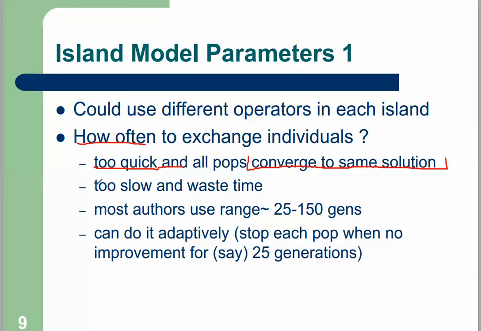And if it is too slow, or the period of transfer from one island to another is very large, it wastes time, or sometimes we miss the time to escape from local minima, and it is not possible to escape from local minima if the period is very long.